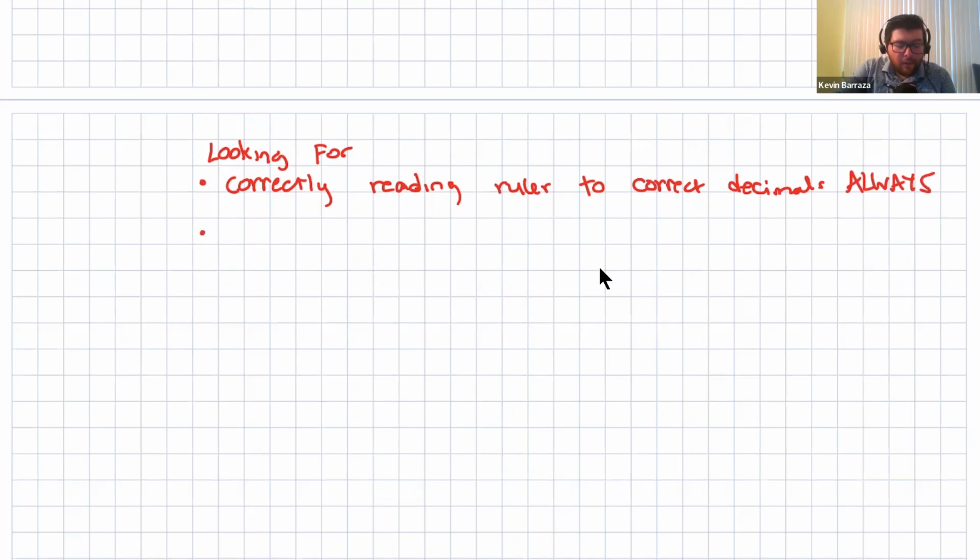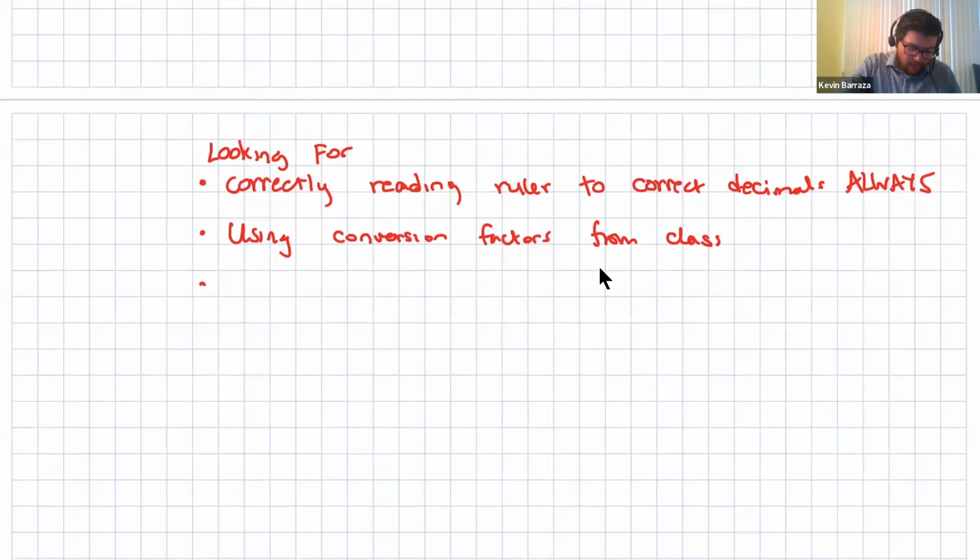The second thing I'm looking for is using conversion factors from class. It will ask you, well, can you turn this centimeters into kilometers or so forth?